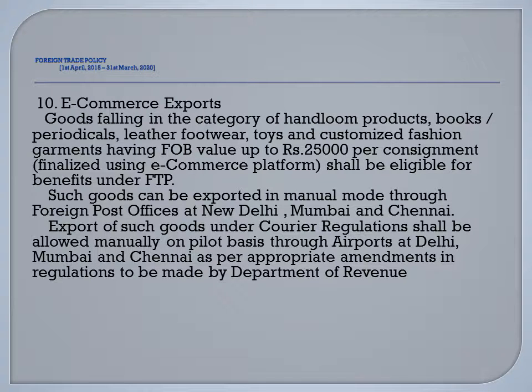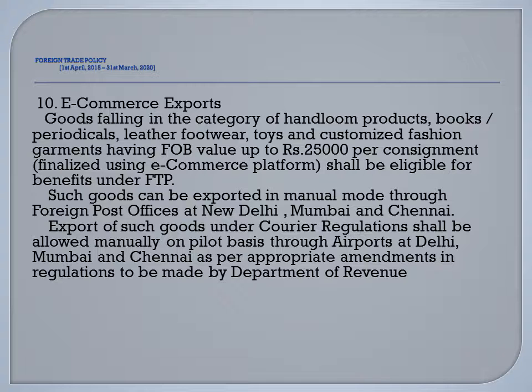E-commerce exports. Goods falling in the category of handloom products, books, periodicals, leather footwear, toys, and customized fashion garments having FOB value up to 25,000 per consignment, finalized using e-commerce platform, shall be eligible for benefits under foreign trade policy.